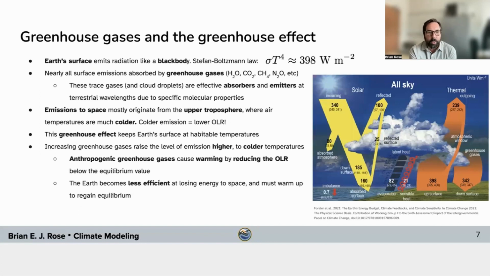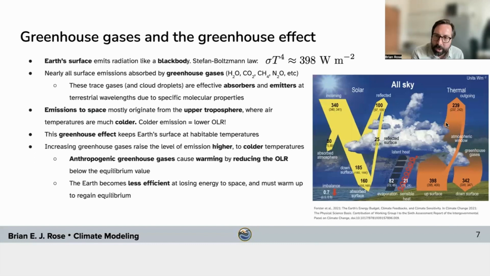But what's going on since industrial times is that we've been accumulating excess greenhouse gases in the atmosphere. So what does that do? Well, it causes the level where these emissions out to space are being generated to get pushed higher and higher as the greenhouse gases accumulate. And so the temperatures at which those emissions are occurring are cooler and cooler, because air temperatures tend to get cooler as you go up through the troposphere.